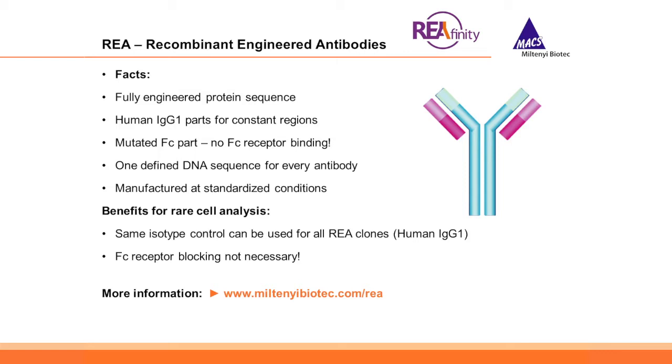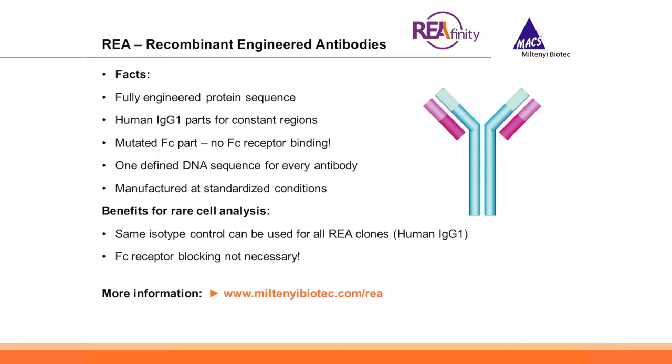So what are the benefits of these antibodies regarding rare cell analysis? You have the same isotype control for all the RIA clones. It's always this human IgG1, or this RIA isotype control. So you don't have to buy IgG2A, IgG2B, IgM, and so on.